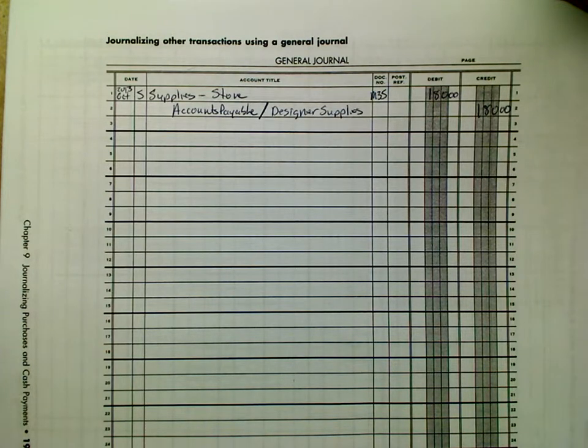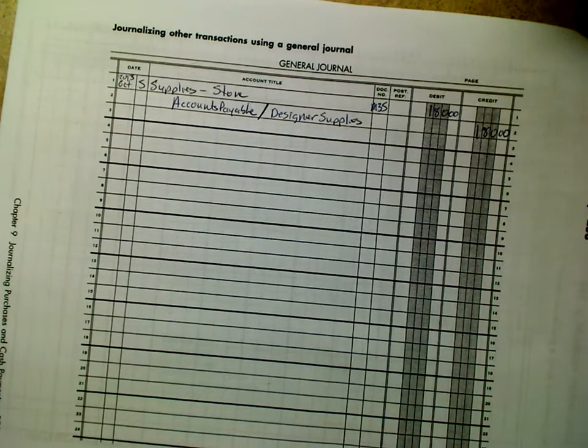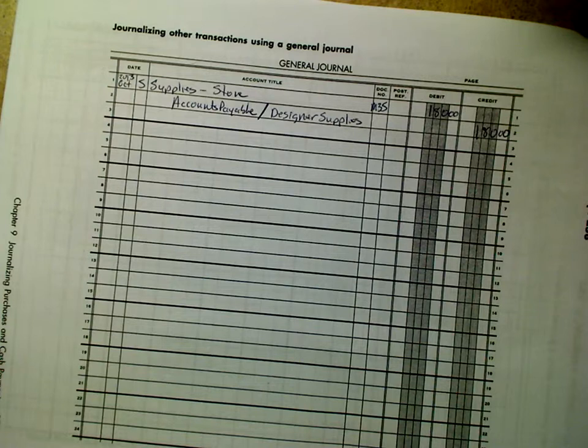I say any type of memo because you look at the next one, and what's the document number? DM65. DM stands for debit memorandum.